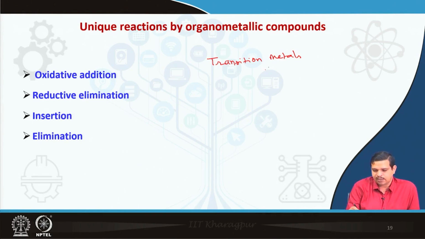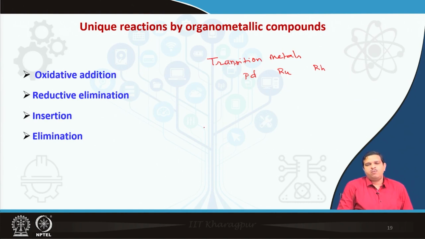As examples, palladium, ruthenium, rhodium; there are lots of catalysts in the 4d series. Also, different organometallic compounds of the 3d transition metals are known.